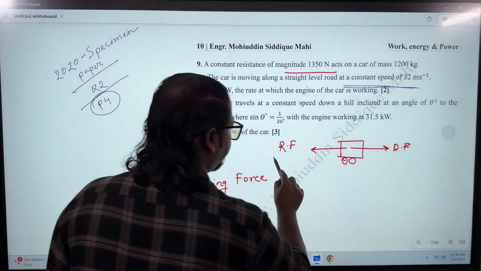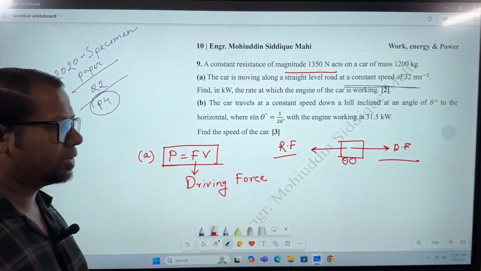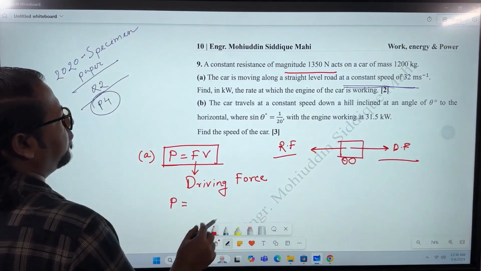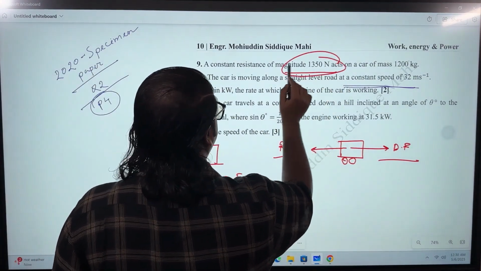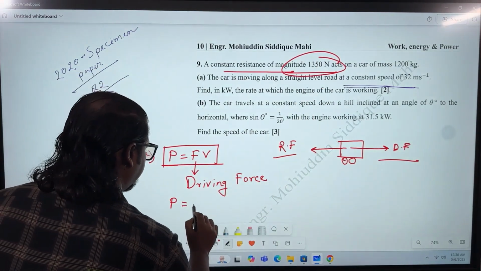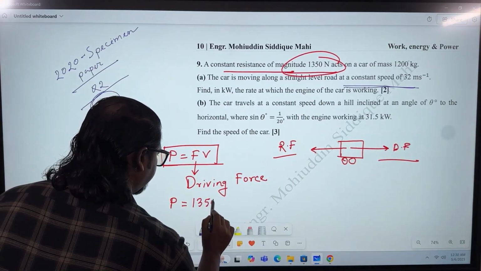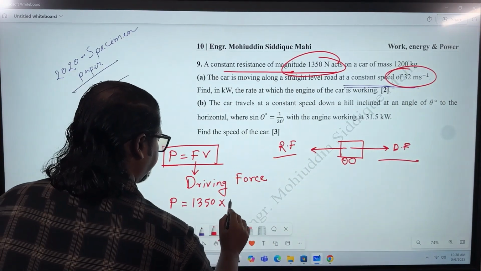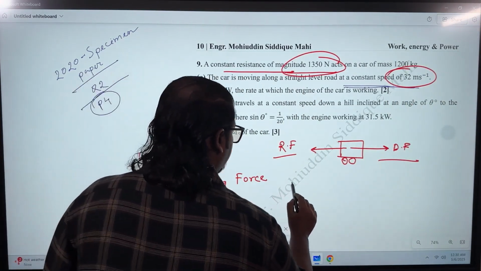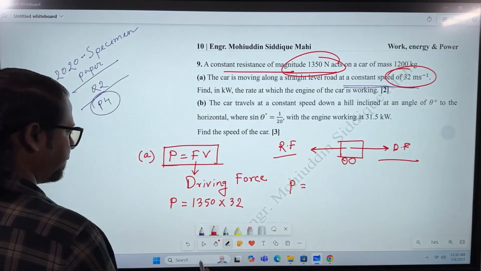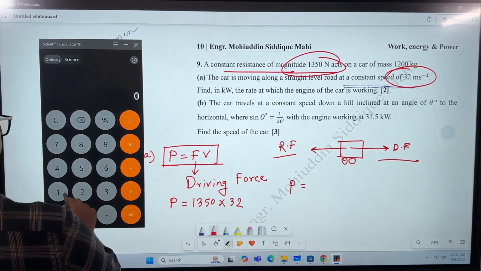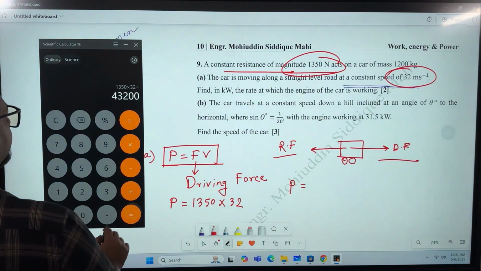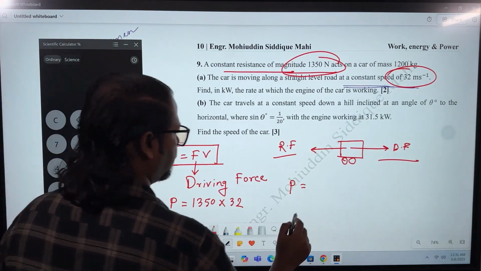Now, as the driving force and the resistive force are equal, we can write down P equals the value of the driving force, which is equal to the resistive force, 1350, and the corresponding velocity is 32. So you will get the power from here, 1350 times 32, which is 43,200 watt.